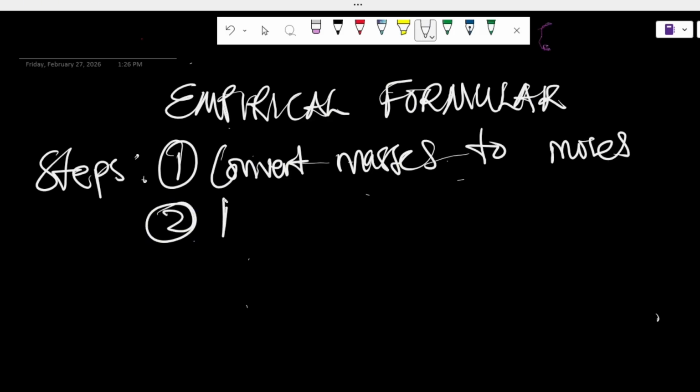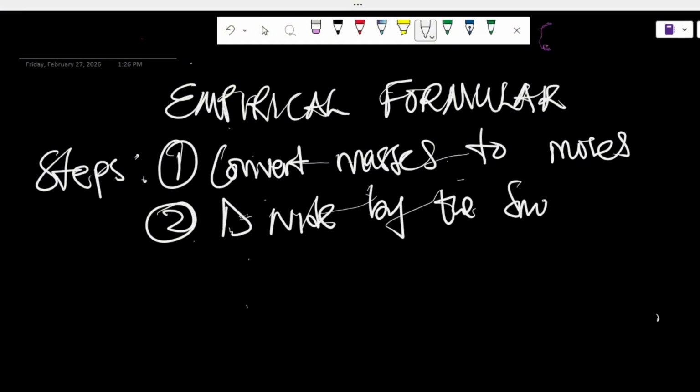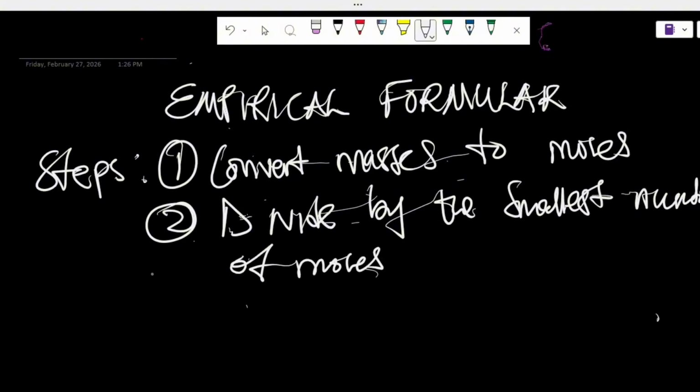Second, you divide by the smallest number of moles. So we're going to see how to do that. Third, obtain the ratio.